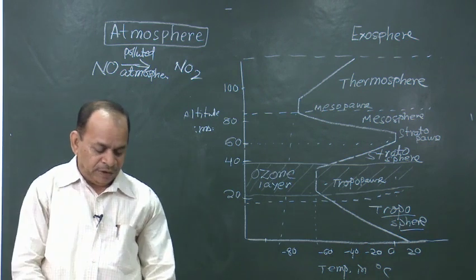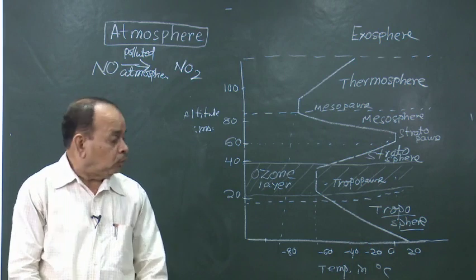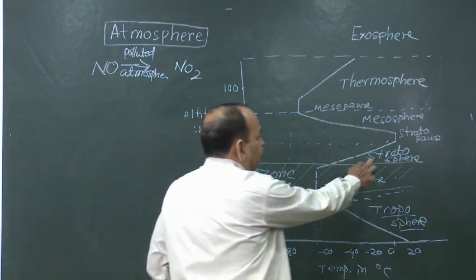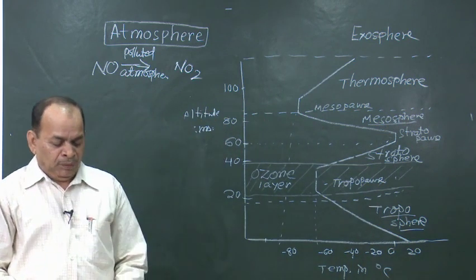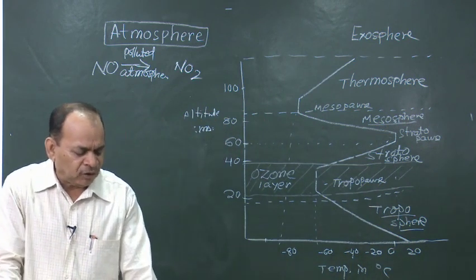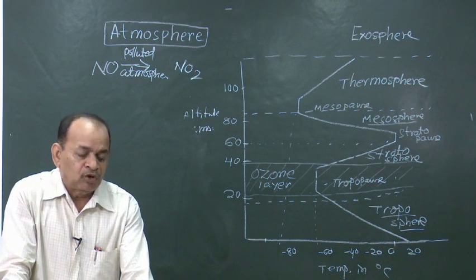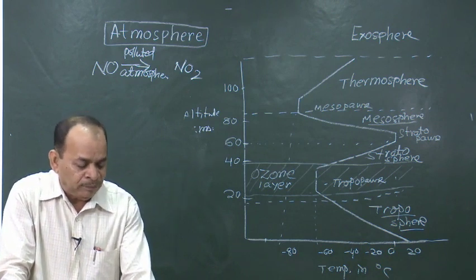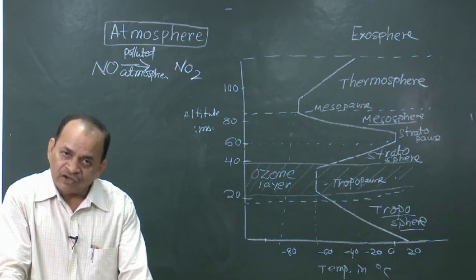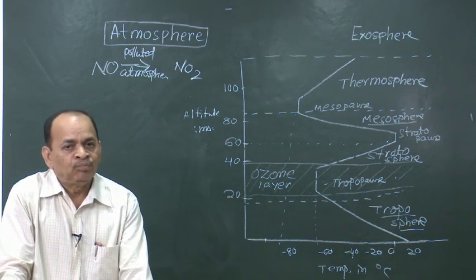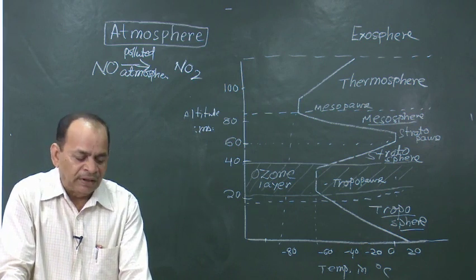So, we have completed stratosphere, then mesosphere. Above the stratosphere the temperature again begins to fall up to about 80 to 85 kilometers, and this region is known as mesosphere. Already we have discussed. Here it contains negative ions and free electrons.